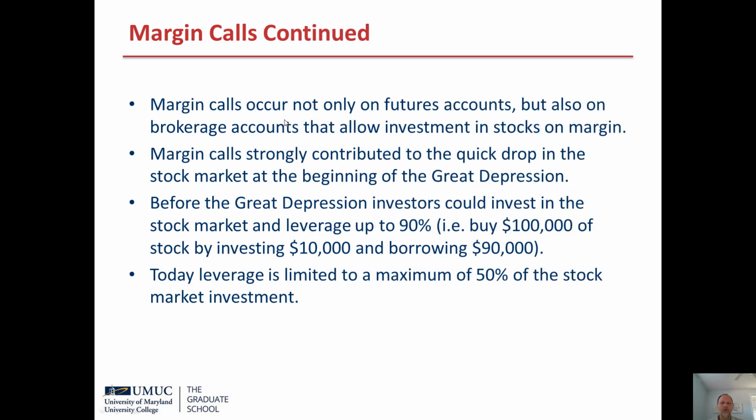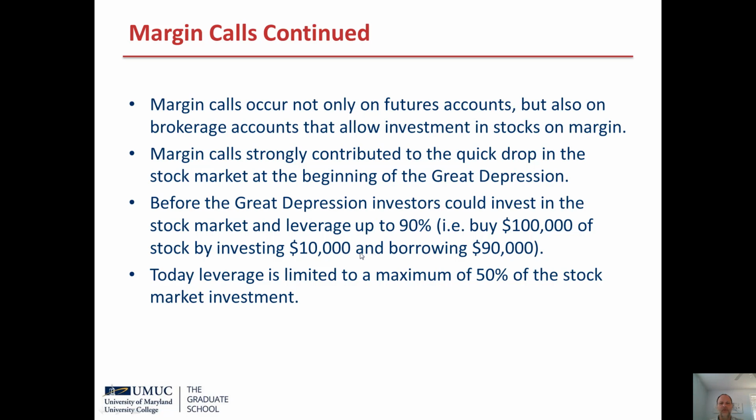So as mentioned, margin calls occur not only in futures, but also in brokerage accounts, and in the past have occurred in investments on stock. They were particularly important in the stock market crash from 29 to 33 that led to the Great Depression. Before that, investors could invest up to 90% leverage, so they could buy $100,000 in stock by only putting $10,000 down and borrowing 90%.